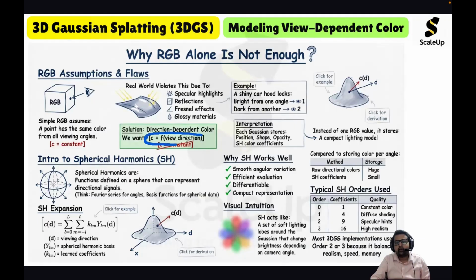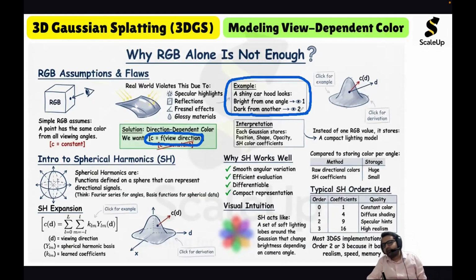If we look from one direction, its value will be something, and from any other direction, its value will be something else. For example, a shiny car looks bright from one angle and dark from another. The same point, from different angles, behaves as a function of the direction. That is called direction dependent color.